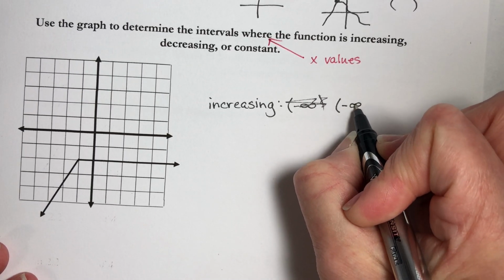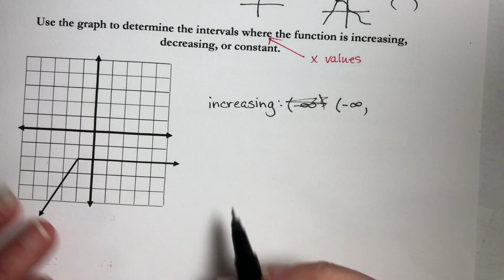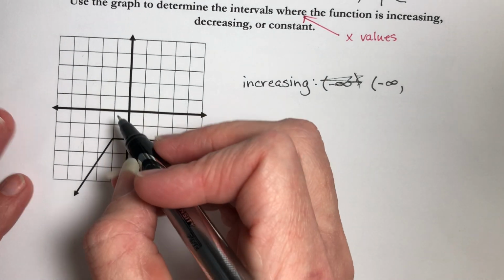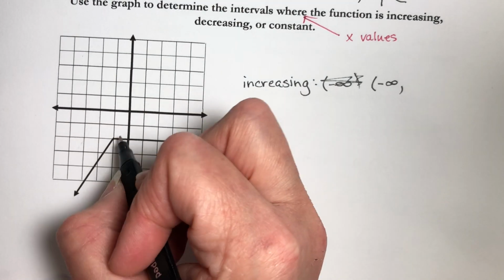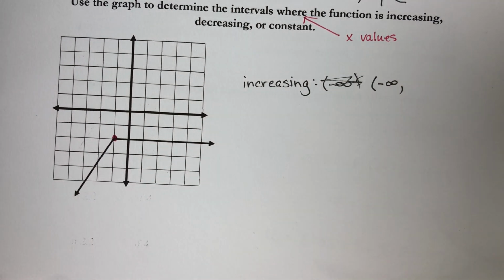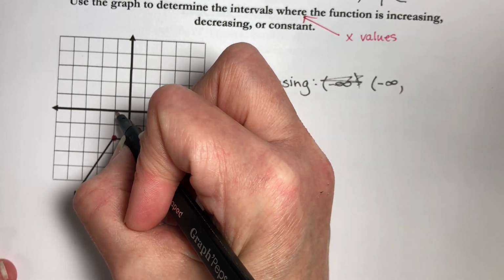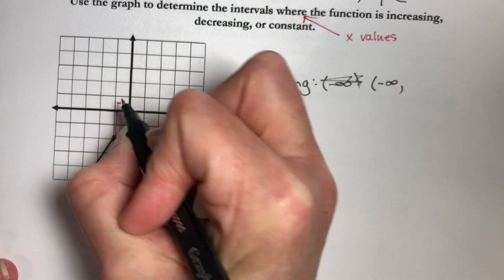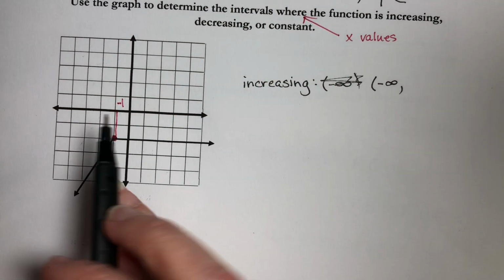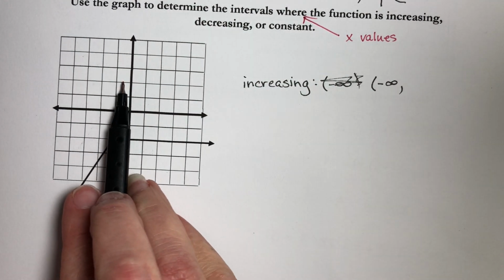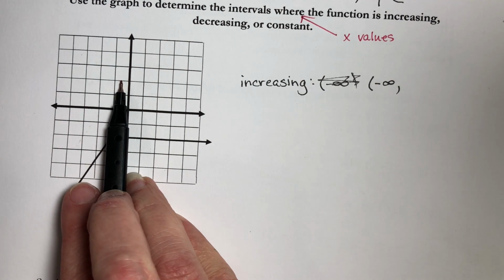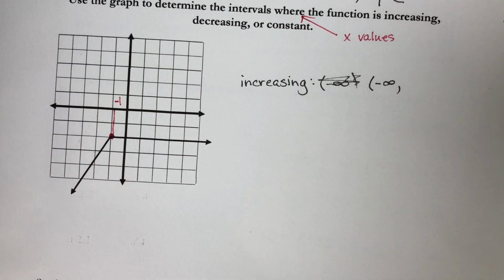So negative infinity, comma. Where does it stop increasing? Well, it stops increasing right here, correct? What x value does that correlate with? -1. Okay, so where on the x value is it increasing? All the way from negative infinity up to -1.